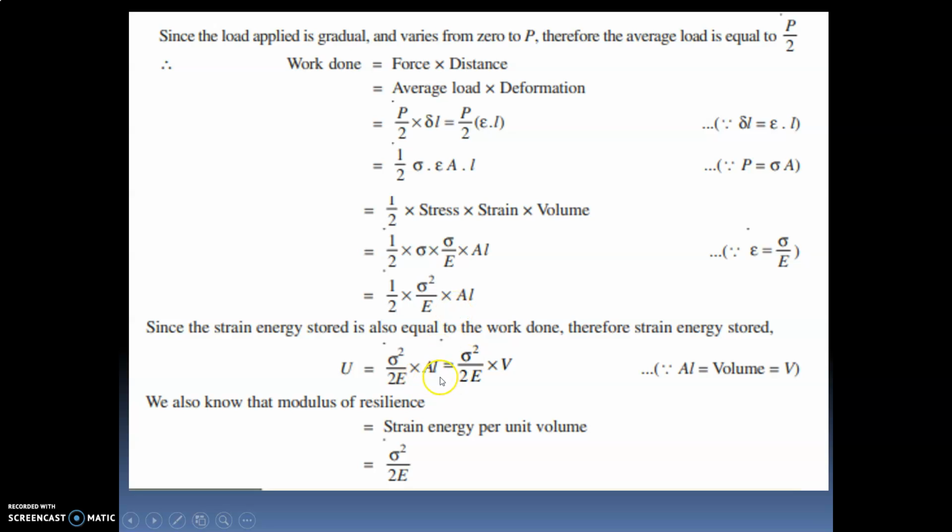AL is nothing but area into length, that is equal to volume. So you can write U is equal to sigma square divided by 2E into V.